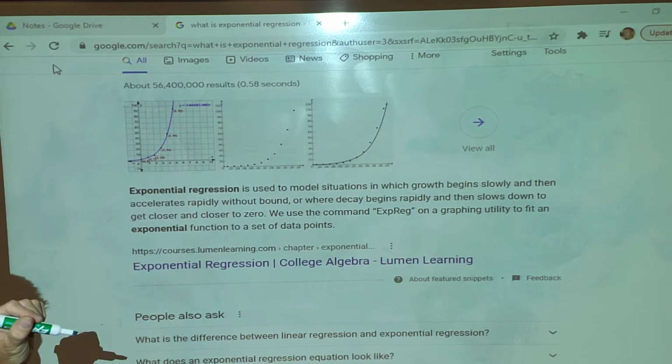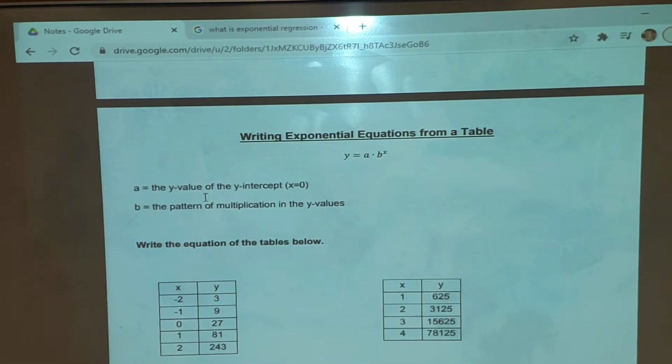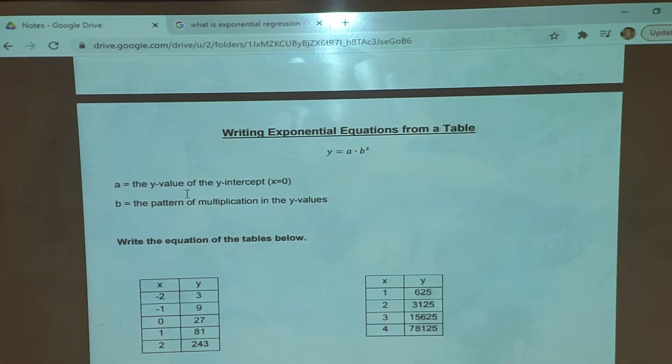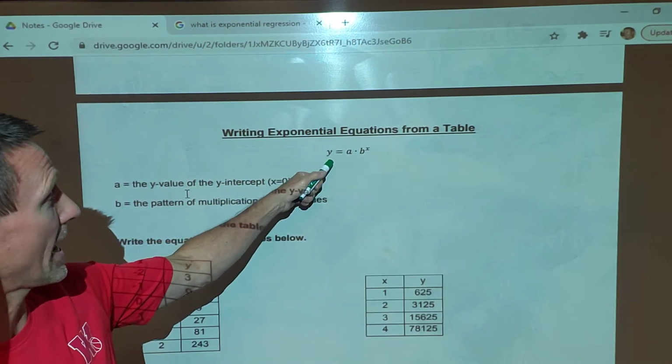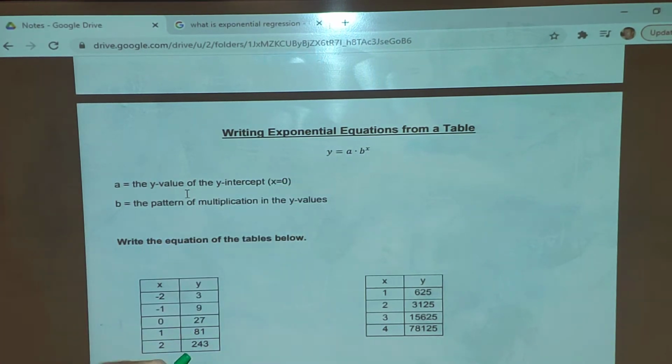And we will start off by reminding you what our information was from a couple of days ago when we were writing exponential equations from a table. Again, our equation that we use is y equals a times b to the power of x.